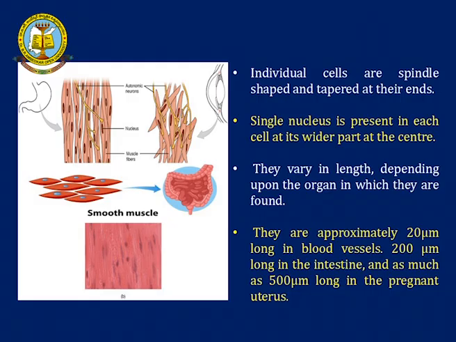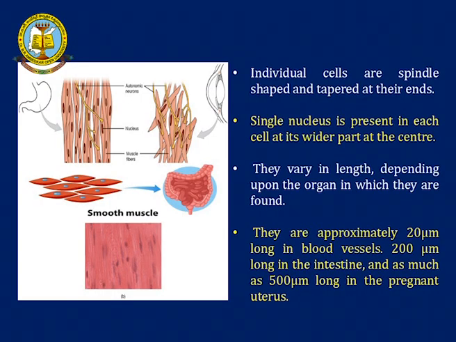They vary in length depending upon the organ. That means, based on the location of the smooth muscle, their length differs. If we see the blood vessels, the smooth muscle length will be approximately 20 micrometers. In the case of the intestine, as the intestine is the longest part, the length of the smooth muscle will be about 200 micrometers, and in pregnant women, in the uterus, the smooth muscle length will be about 500 micrometers.